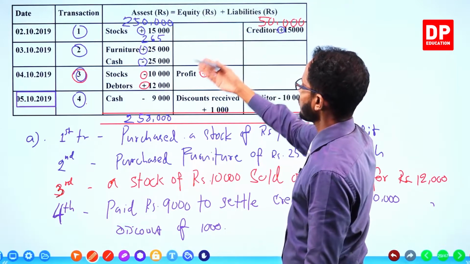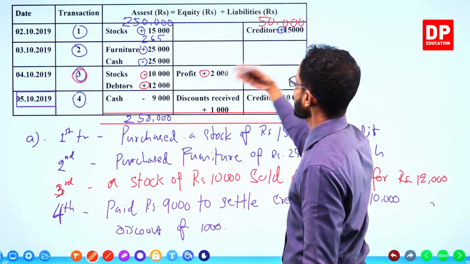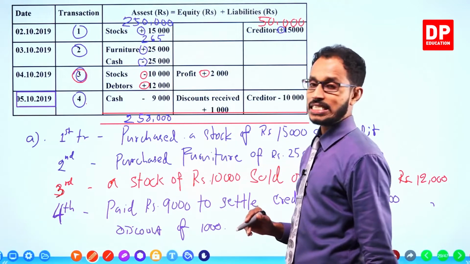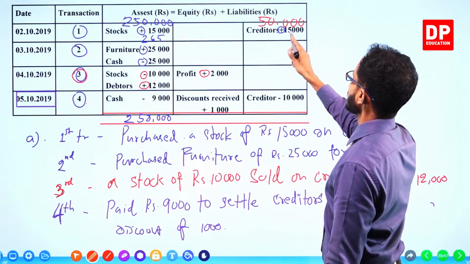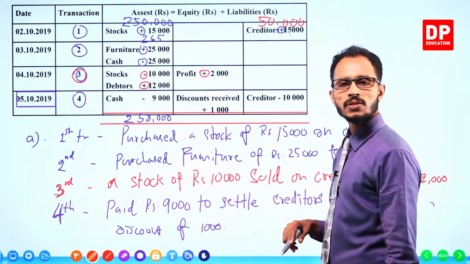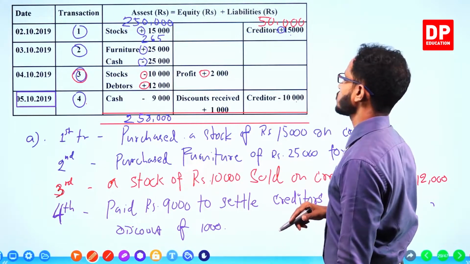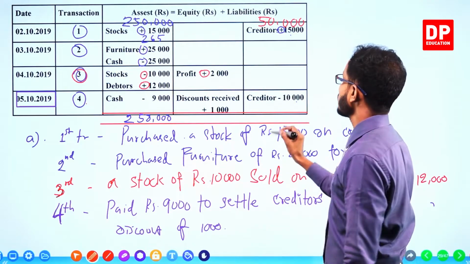Equity, we have to take the assets minus liabilities. We can get equity. Easy. Liabilities: 50,000 plus 15,000, that is 65,000. 65,000 minus 10,000, 55,000.